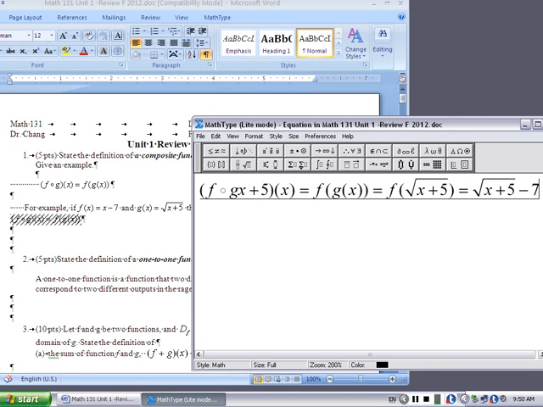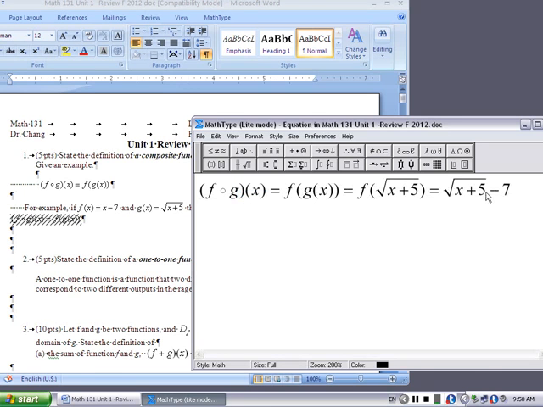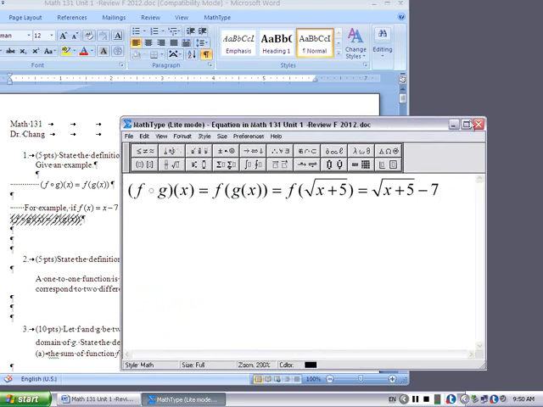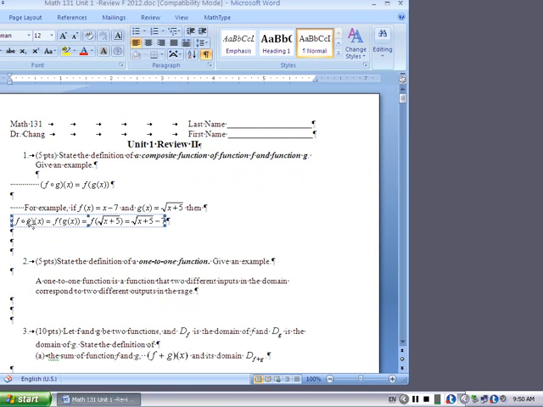Is that okay? So now this is your definition of f composed with g of x. Is that okay? Yes.